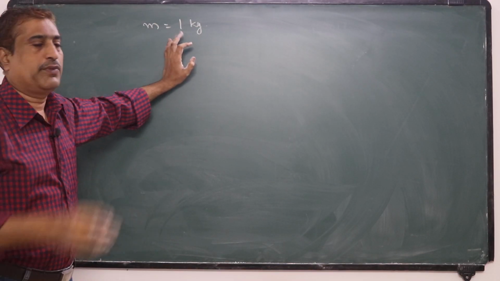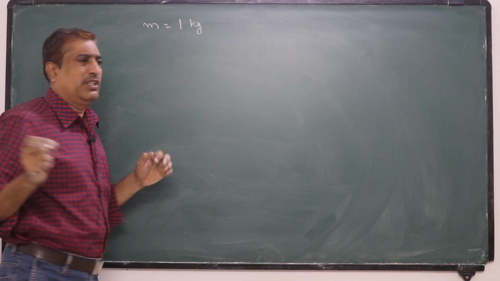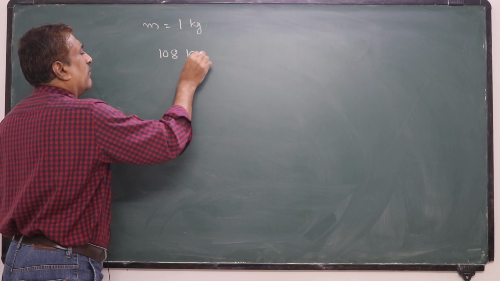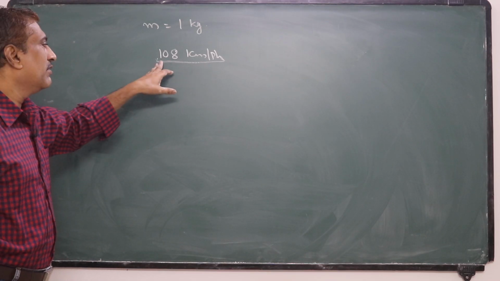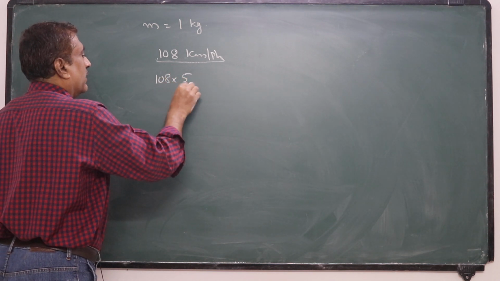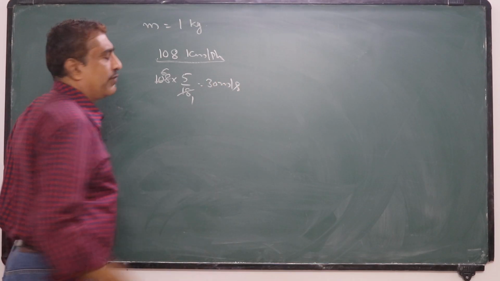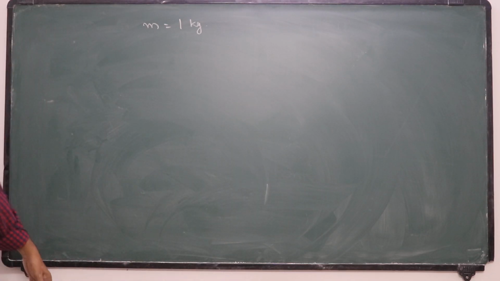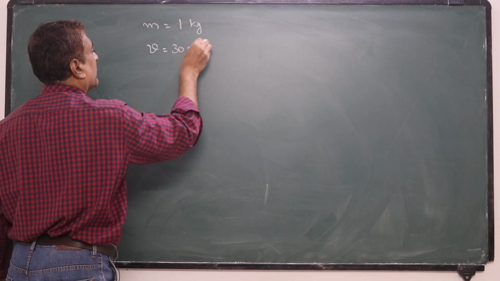Suppose it is bowled with a velocity; usually a bowler may bowl with an average velocity, assume 108 km per hour, that is 108 into 5 by 18, which is approximately 30 meter per second. So assume a ball of mass 1 kg thrown with a velocity 30 meter per second.